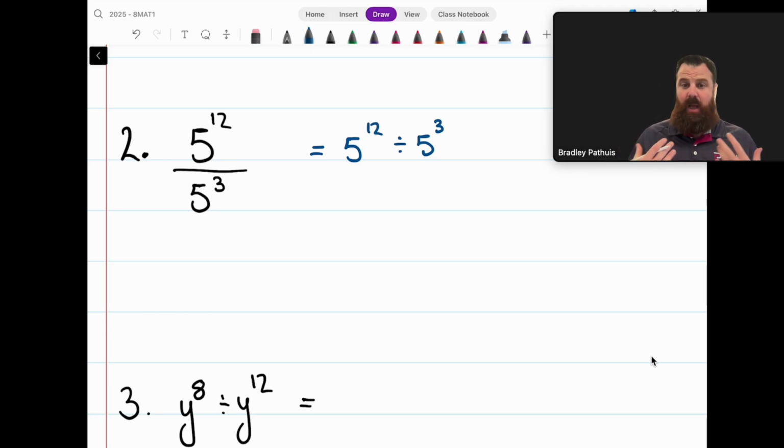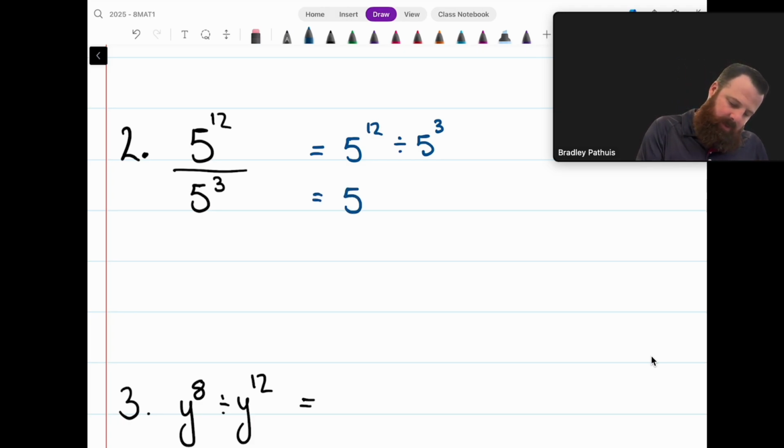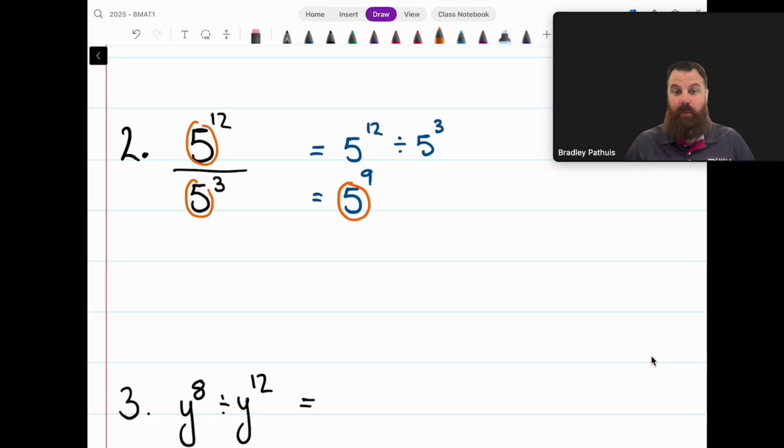And I know 5 to the power of 12 divided by 5 to the power of 3, they're the same base, so I'm going to subtract their powers, and 12 take away 3 is 9. So this one becomes 5 to the power of 9. Notice that my base is the same base that was in the question. So I've left my answer in index form because there's a base and there's a power.